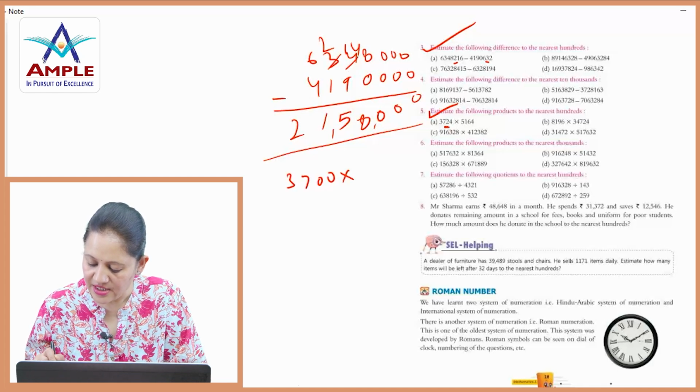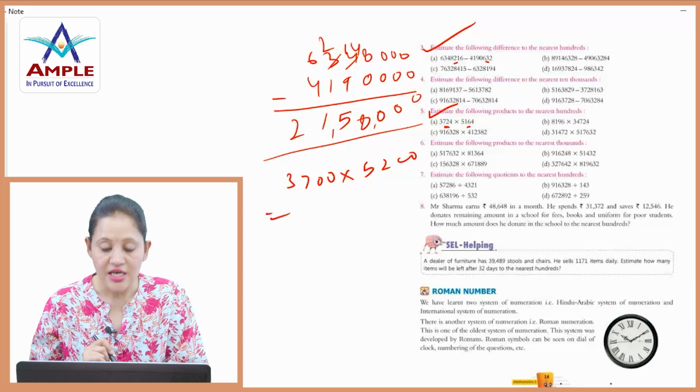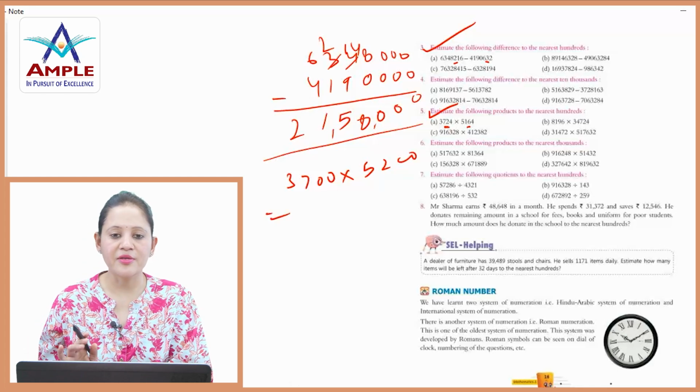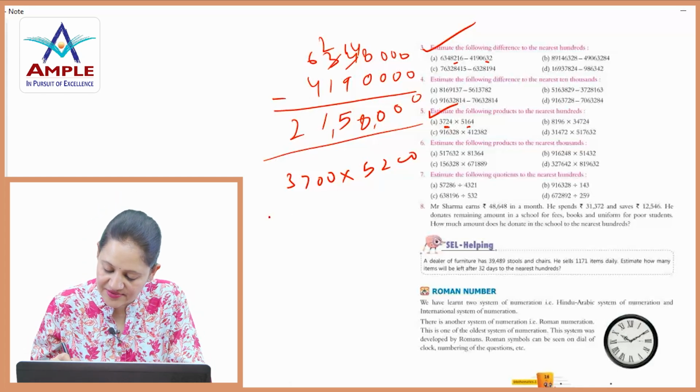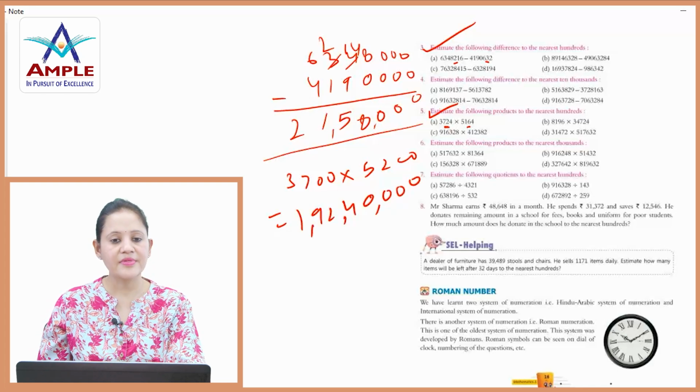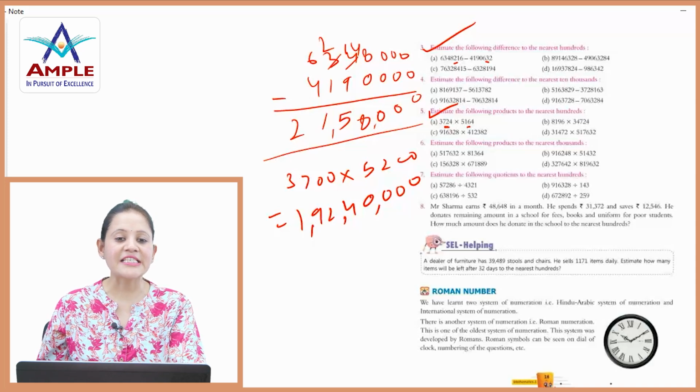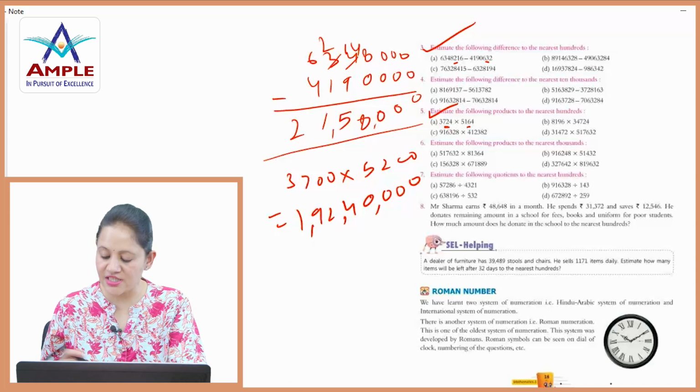Here the digit at the tens place is 6, which is more than 5. So that is equal to 5200. Now we will multiply them and find the product. So that is equal to. Clear?